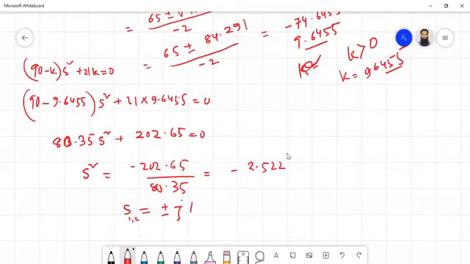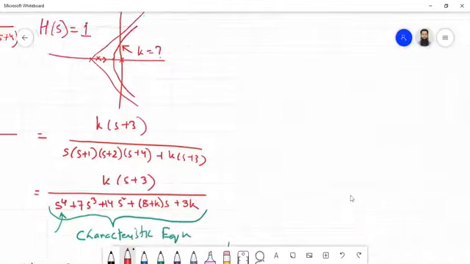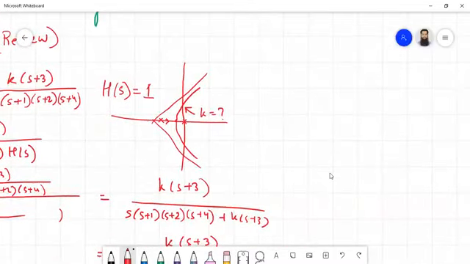So eventually 1.588. So we can easily figure out the location through which the plot is going to the j omega axis. If you want to refine the plot that we have seen in the last class, you can figure out an additional point, and the corresponding magnitude of k is also known.